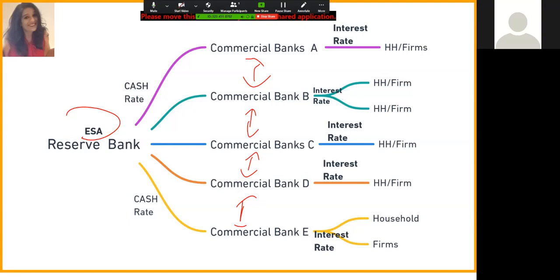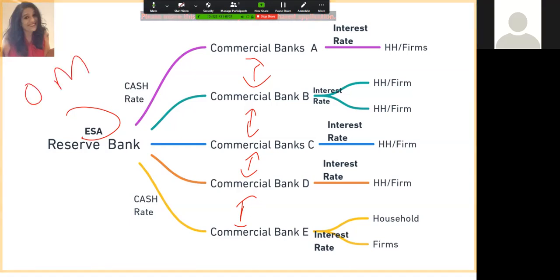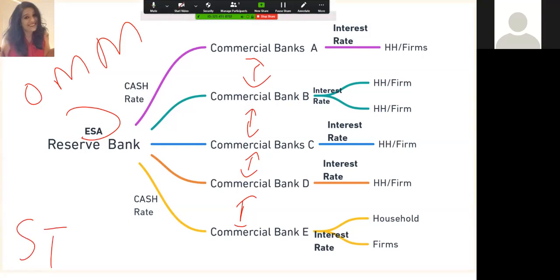And at the end of the day when these accounts are settled, we call that the overnight money market or the short-term money market.